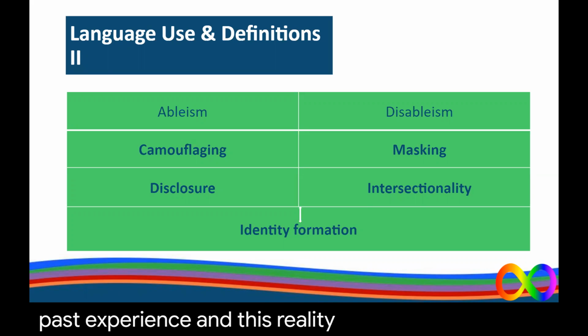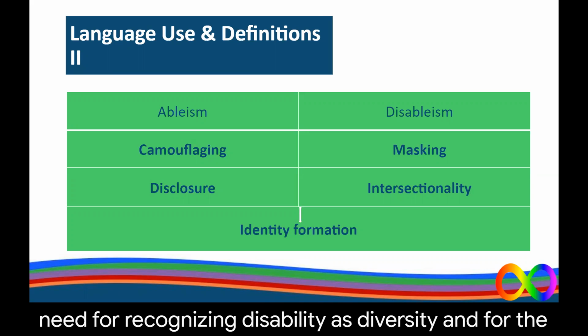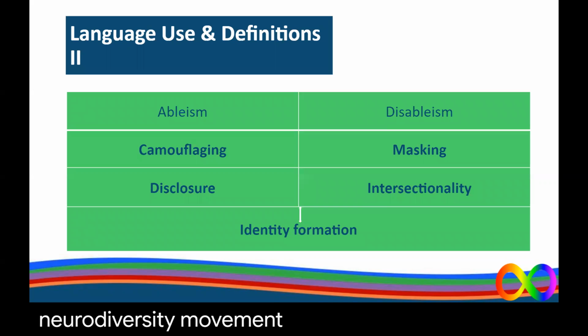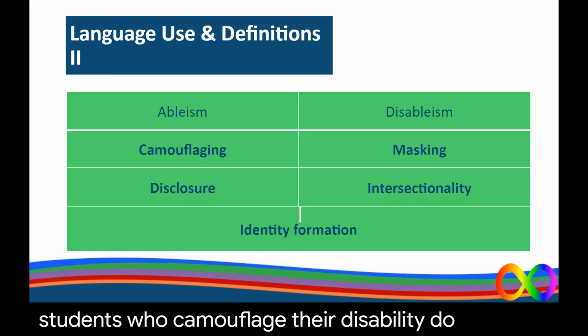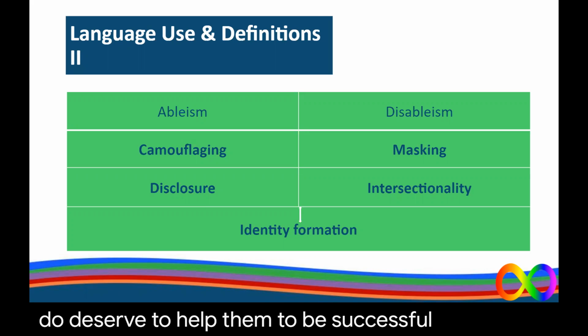And this reality really speaks to the need for recognizing disability as diversity and for the neurodiversity movement. And as an example, I know at university campuses, there are many students who camouflage their disability, do not disclose their disability for fear of some repercussions, and it results in them not receiving the accommodations that they really do deserve to help them to be successful.